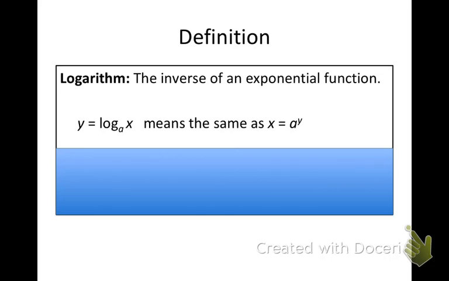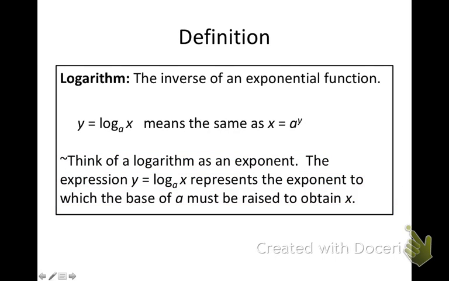So the way that I always remember it is the base of my log, which looks like it's kind of in the basement, becomes the base of my power. Right? So this is your base, that's your exponent. My exponent of that base becomes whatever is on the side that's by itself. Because remember with inverses, we kind of just flip-flop the x and the y. So the y becomes the exponent, the x goes by itself.